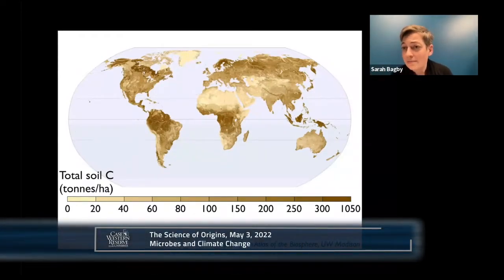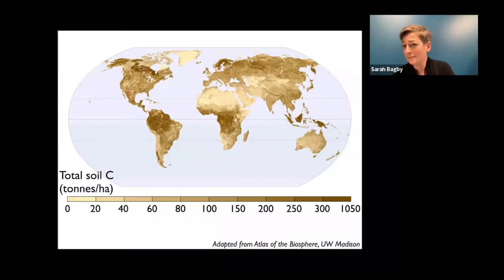A lot of this map makes intuitive sense, right? If you look at the Sahara, as we've seen, there's not a lot of photosynthesis there, so not a lot of carbon is getting fixed into organic matter. So, of course, not a lot is getting stored. You might imagine that in jungles, we would see tons of soil carbon getting stored. And in fact, it tends to be more moderate. There's a lot of photosynthesis, but warmer temperatures tend to promote decomposition.